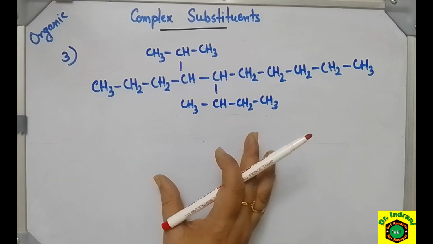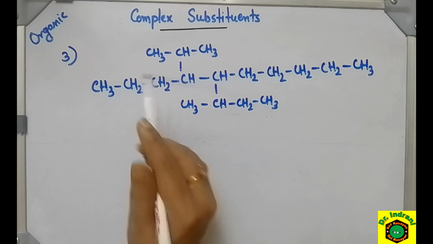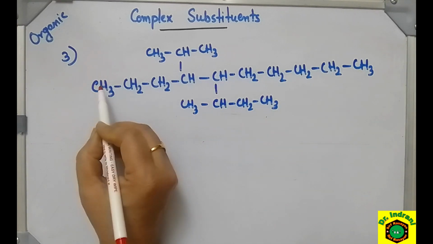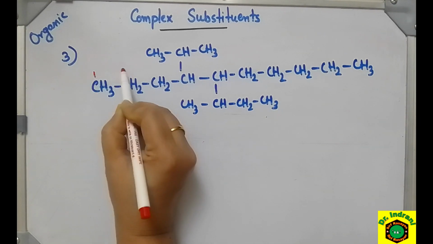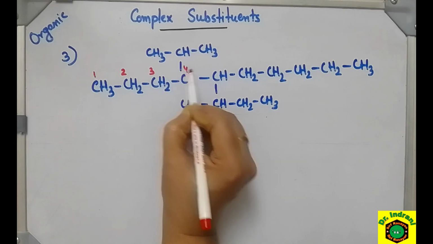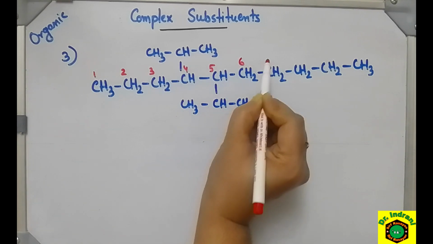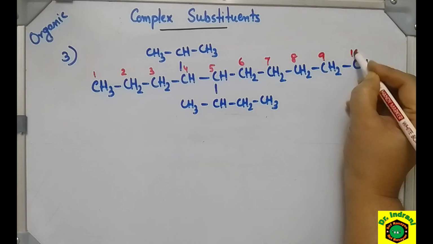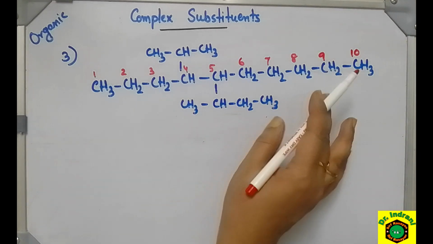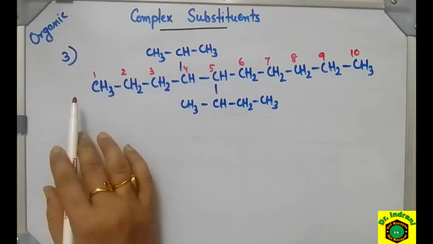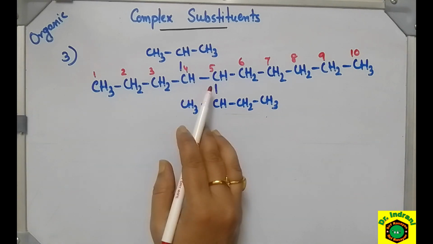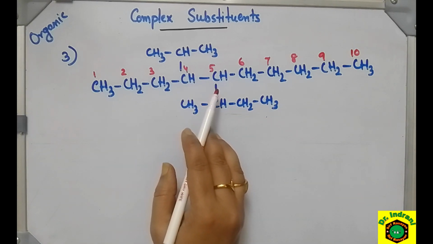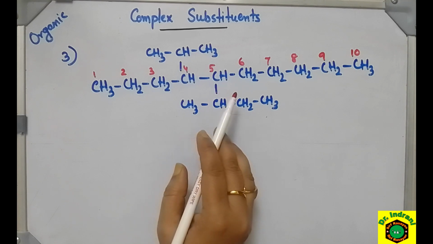Now next example, how you have to do the IUPAC name of this compound. First you have to select the parent chain. So this chain if you are considering, it is having number 1, 2, 3, 4, 5, 6, 7, 8, 9, 10. It is having 10 carbon atoms. So it is the longest chain, and numbering you can do this way because it should follow the lowest set of locants rule.